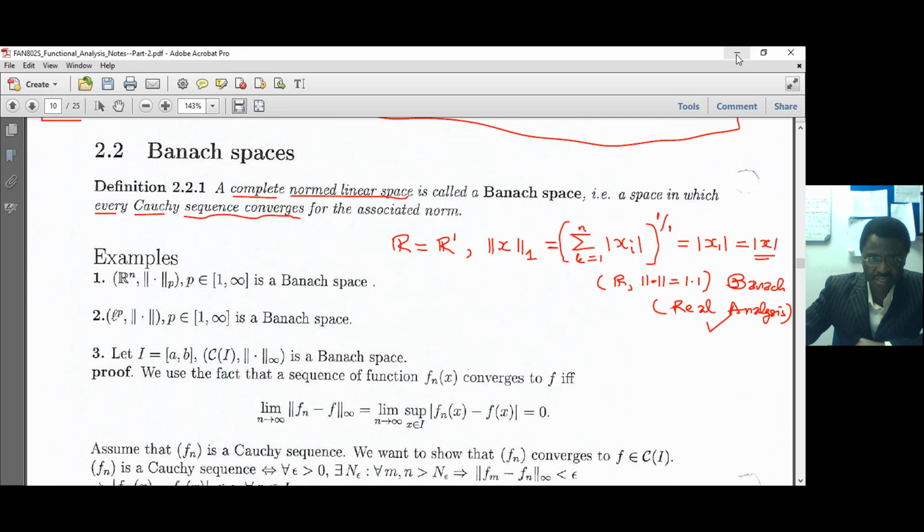That's why I want you to do that as an assignment. But now it will no longer be for a metric space; you convert this to a Banach space. So this is just for you to see the steps.